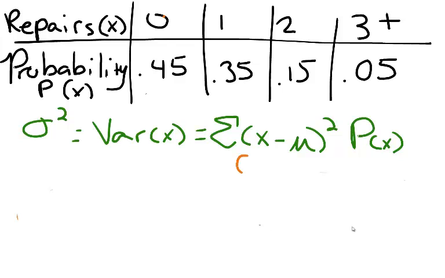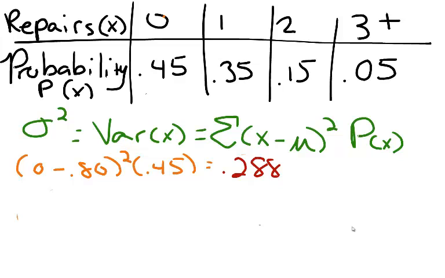So here's what we need to do. We take our first random variable, 0, minus our expected value, square it, and multiply it with the associated probability, 0.45. This gives us an outcome of 0.288. We repeat the process for the next random variable, 1. 1 minus 0.8 squared times the corresponding probability, which is 0.35, equals 0.014.